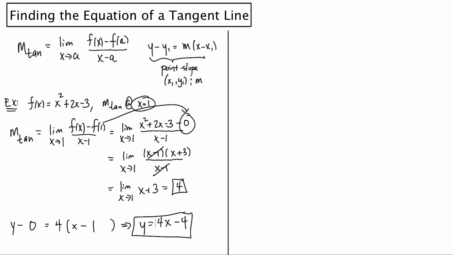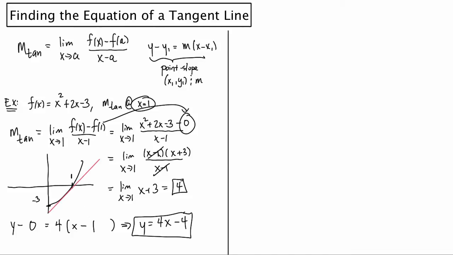Essentially what this means is, if we were to graph this function, this is a parabola which turns up and passes through the point negative 3. You know that the positive root, x minus 1, occurs at 1. So I'm asking what is the equation of the line that passes through this point.